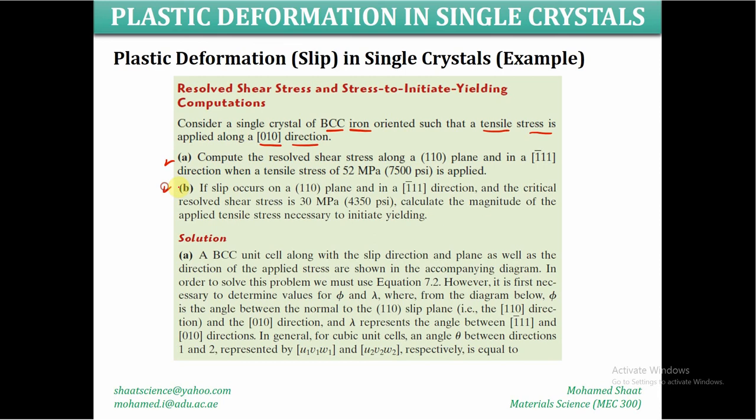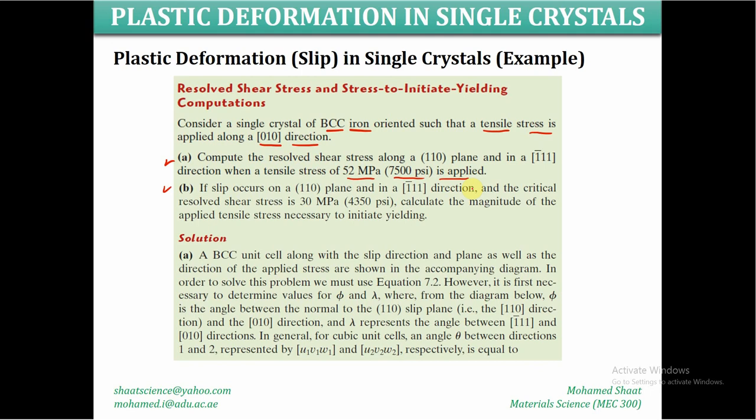There are two requirements, and the first requirement is to calculate the resolved shear stress along the 1, 1, 0 plane and in the negative 1, 1, 1 direction when a tensile stress of 52 megapascal, which is equivalent to 7,500 psi, is applied.